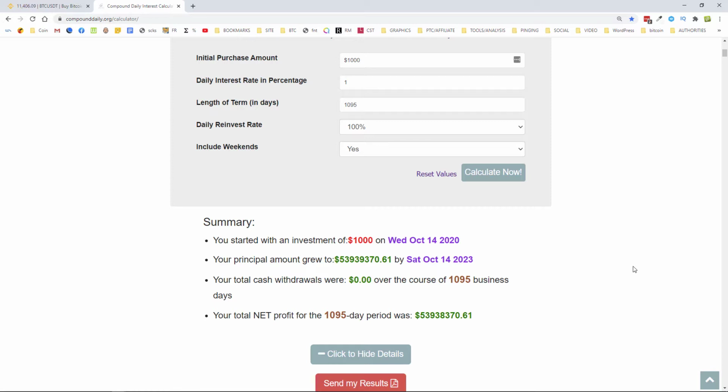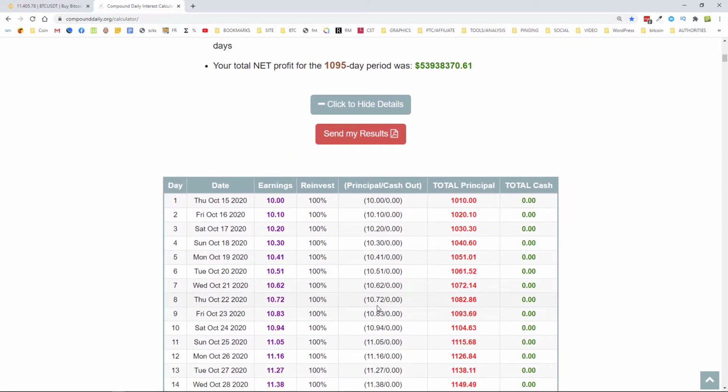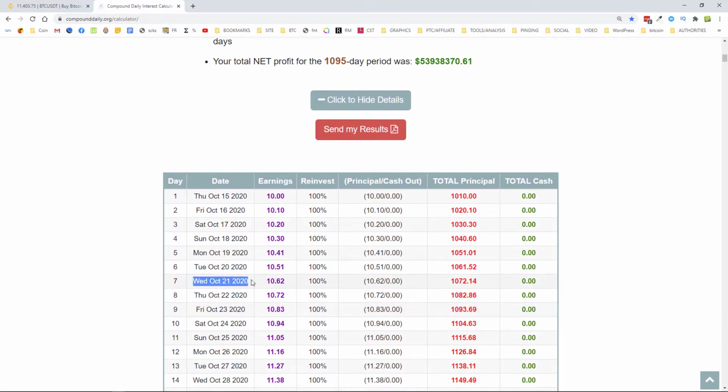Okay, so first let's have a look how much we have made in just 1 week from this $1,000. Let's see if we can scroll down here. We have grown our $1,000 by $72 in profit over the week. As you can see here, our first day profit is that $10.